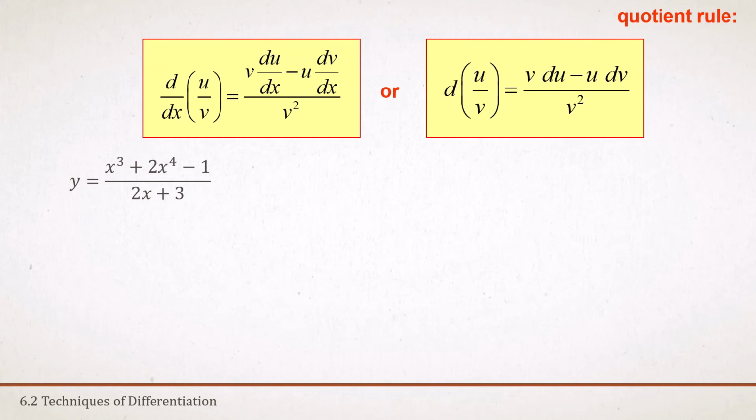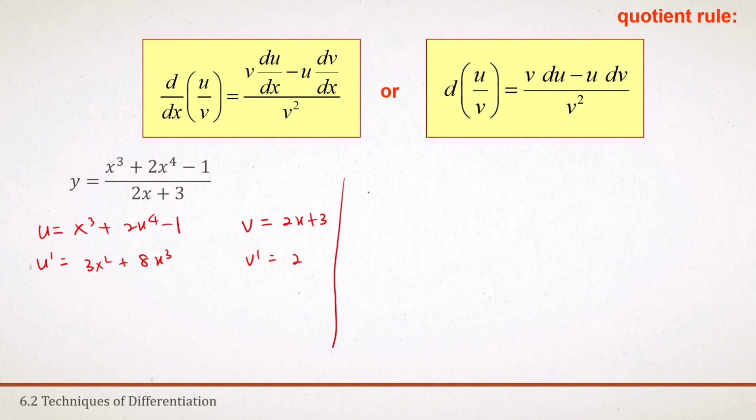So we just use the formula, and the numerator u is x cubed plus 2x to the 4 minus 1, and my v must be my denominator, 2x plus 3. So u prime is 3x squared plus 8x to the power of 3, and my v prime is 2.